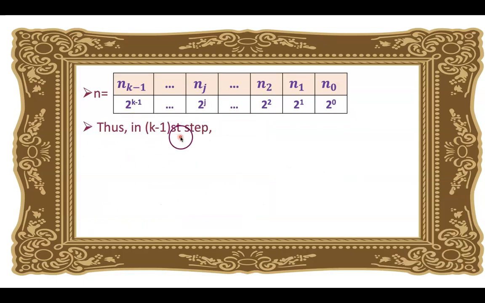Now in k minus first step, we check whether nk minus 1, that is the leftmost digit of n, is equal to 1. Since n is assumed to be a k-bit integer, nk minus 1 will be equal to 1. That will be the only possibility.